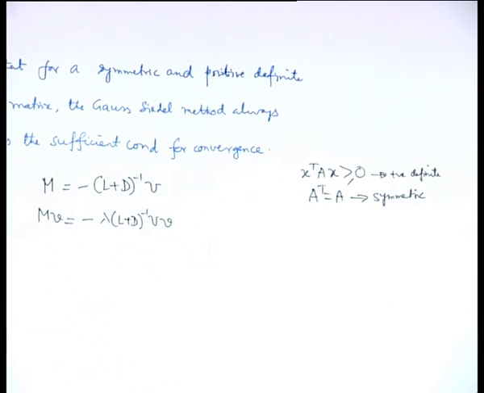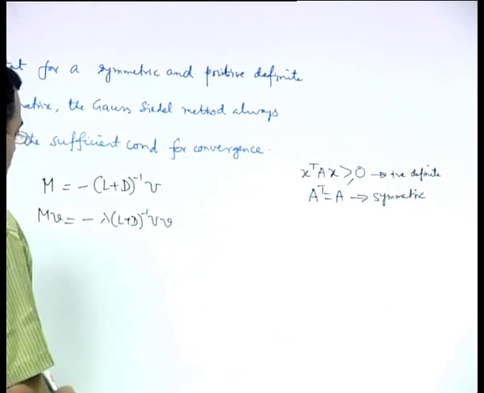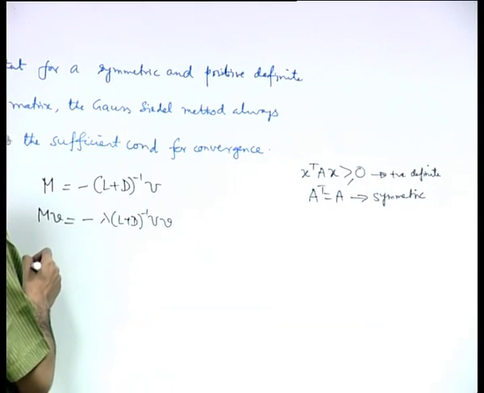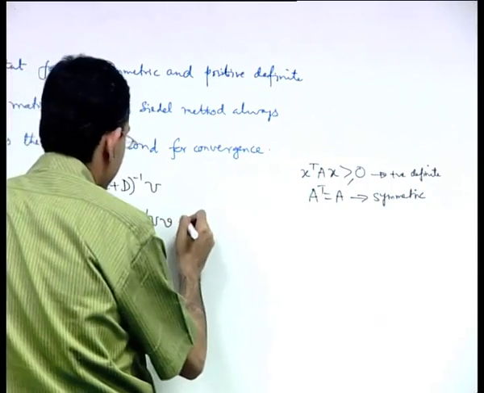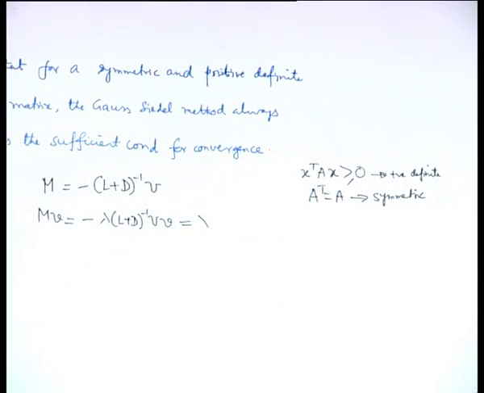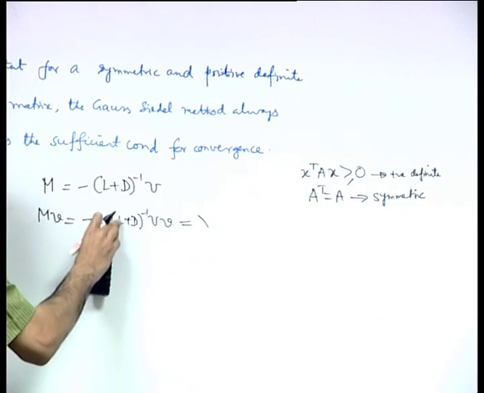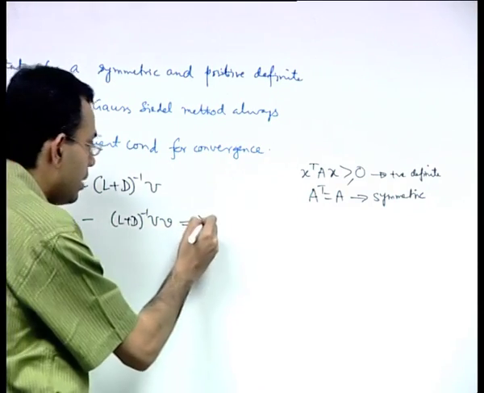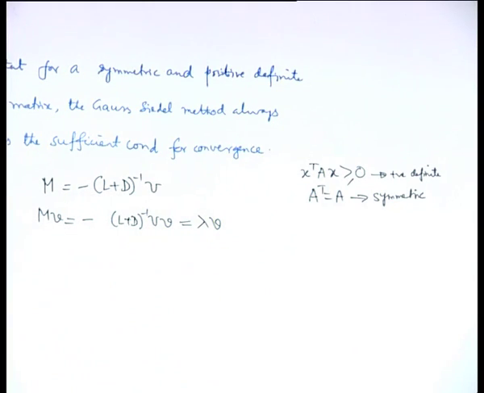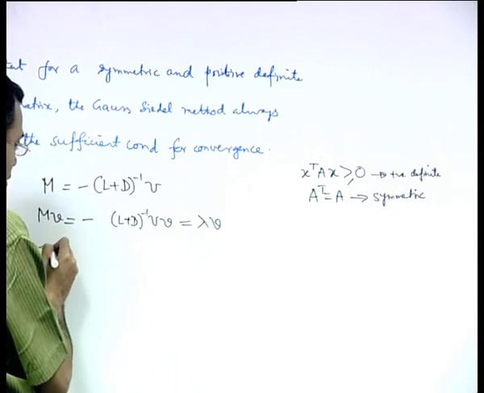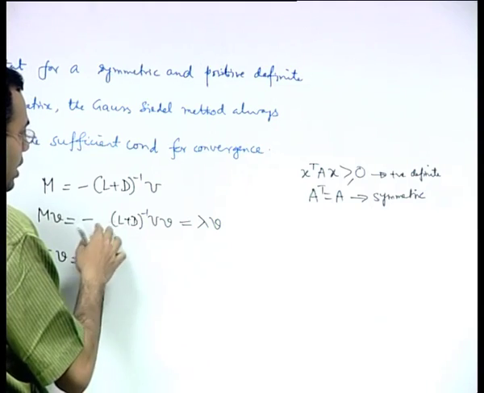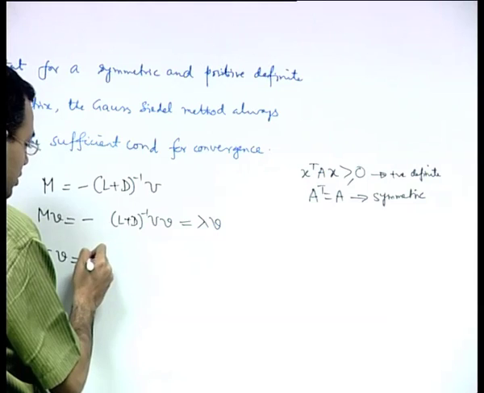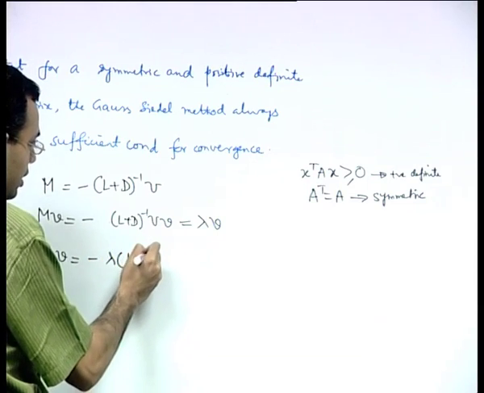So this is equal to lambda into V. Now you can write U into V, pre-multiplying both sides by L plus D, as minus lambda L plus D into V.